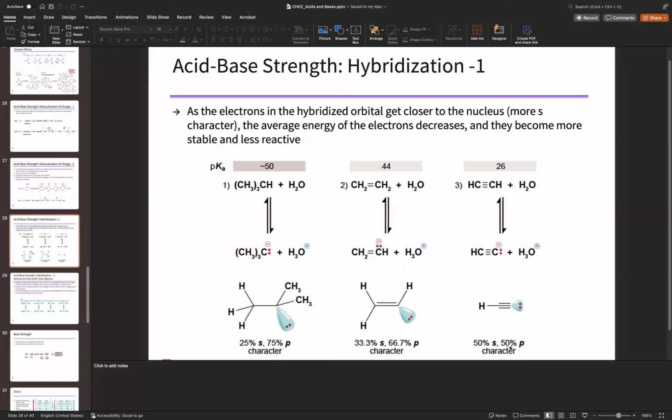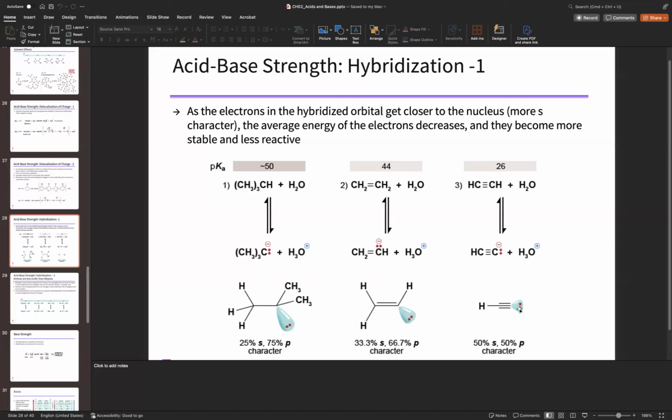The greater the S character, the stronger the acid. So 50% S will give you a stronger acid than 33.3% S versus 25% S character. Why is that? Because the electrons in the S orbital are held closer together. They are tightly held. The S orbital is closer to the nucleus than the P orbital, right?